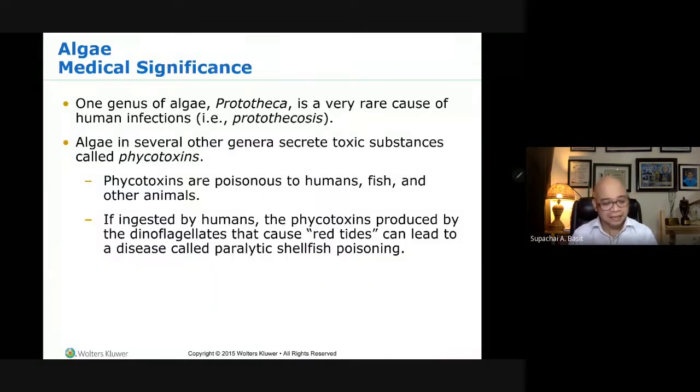Is algae medically significant? The answer is yes. In fact, one genus of algae, Prototheca, is a very rare cause of human infections known as protothecosis. Algae in several genera would also secrete toxic substances called phycotoxins.